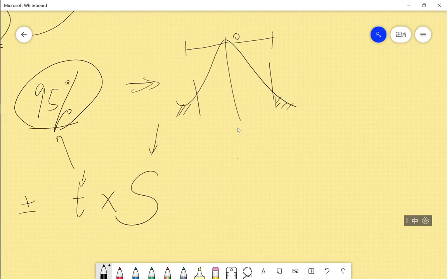One tail is alpha divided by 2, which means that if you are at the 95% confidence interval, you want 0.025 at one tail. The critical value, if you check that very big chart, the chart is almost always a one-tail test, so you are going to find this number rather than alpha.